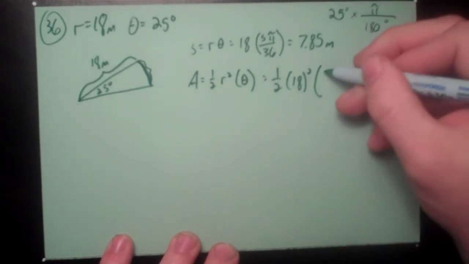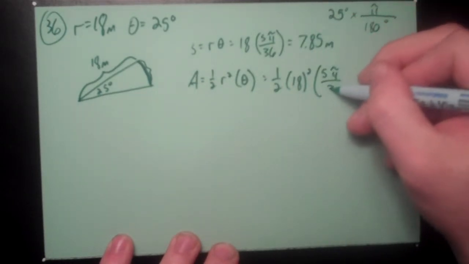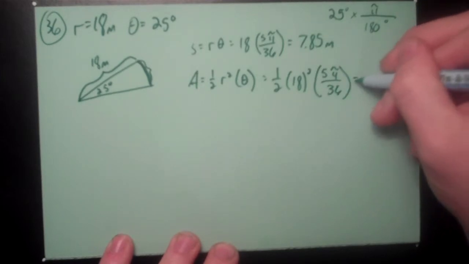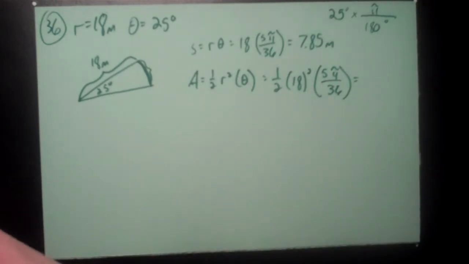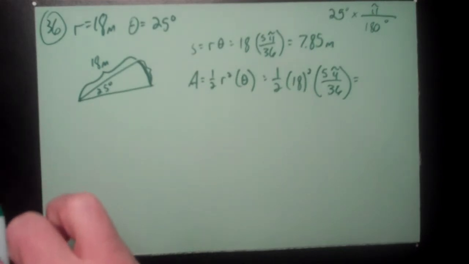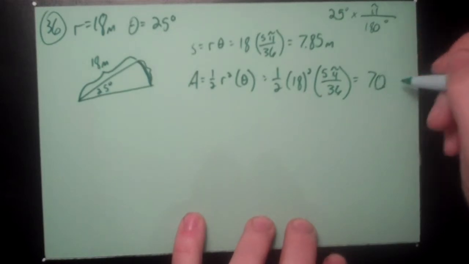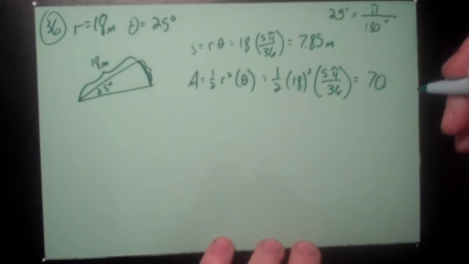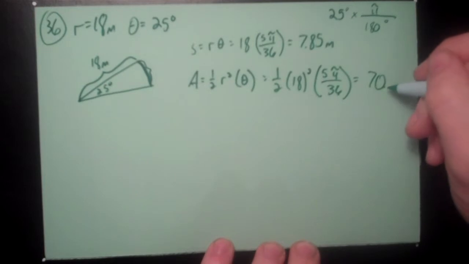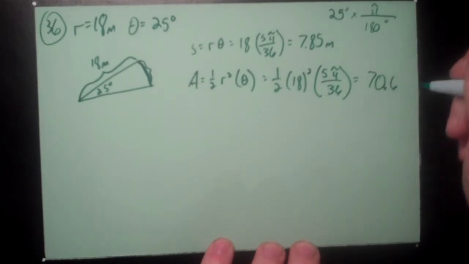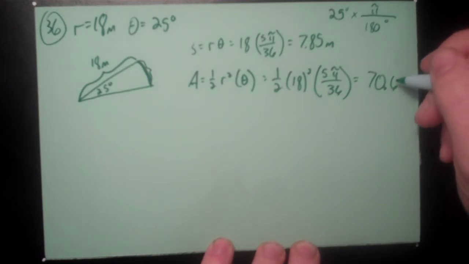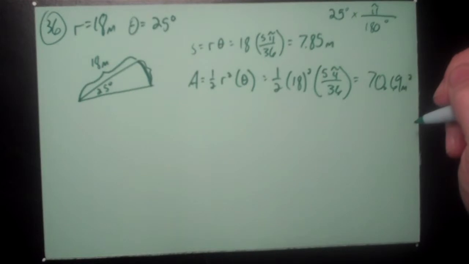Radians, 5 pi over 36. 18 squared times 0.5 times 5 pi over 36. That's 70.69 meters squared.